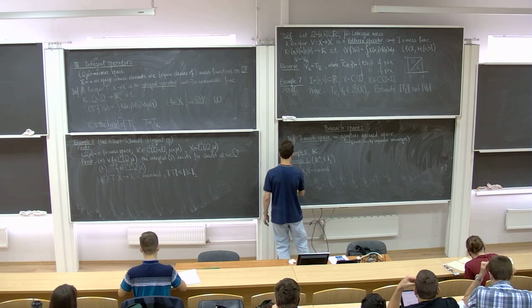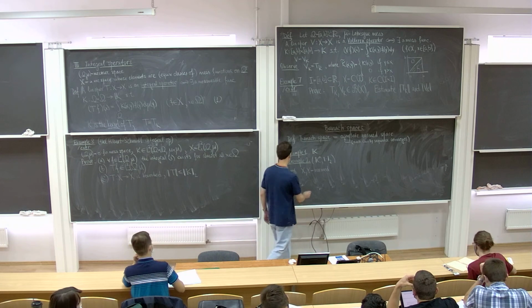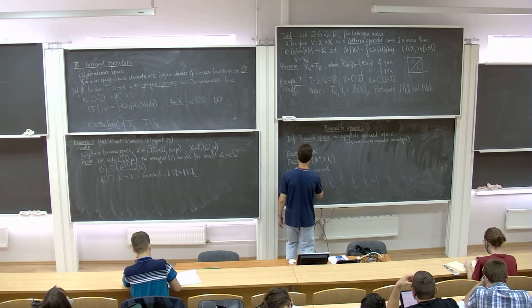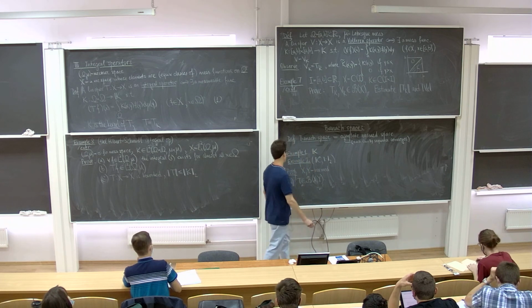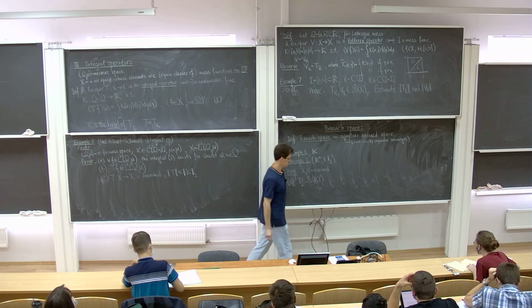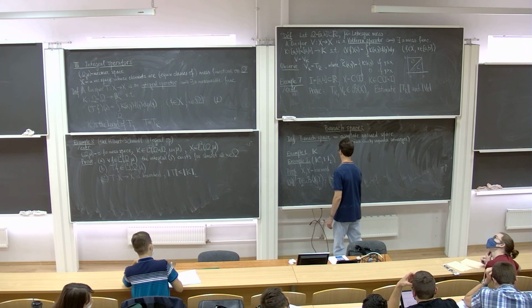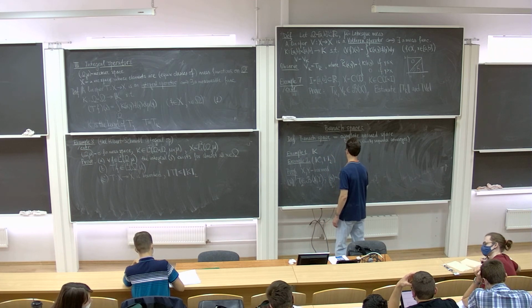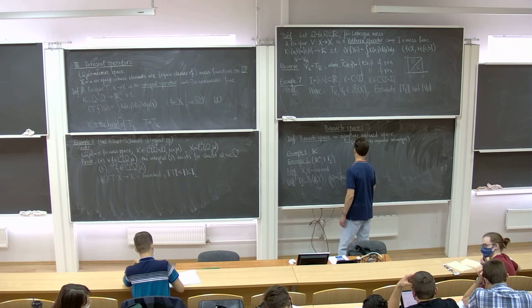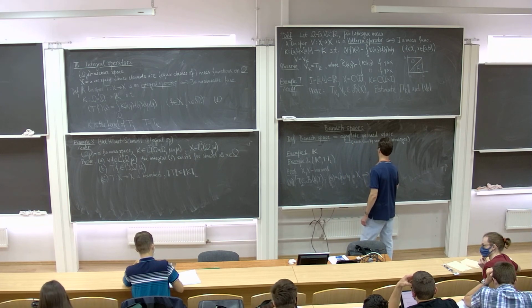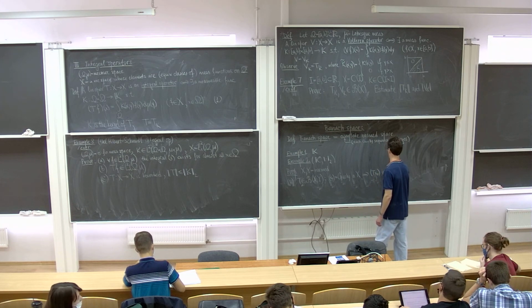Then part 1: if T is a bounded linear operator from X to Y, then it takes Cauchy sequences to Cauchy sequences. If x_n is a Cauchy sequence in X, then its image T x_n is a Cauchy sequence in Y.